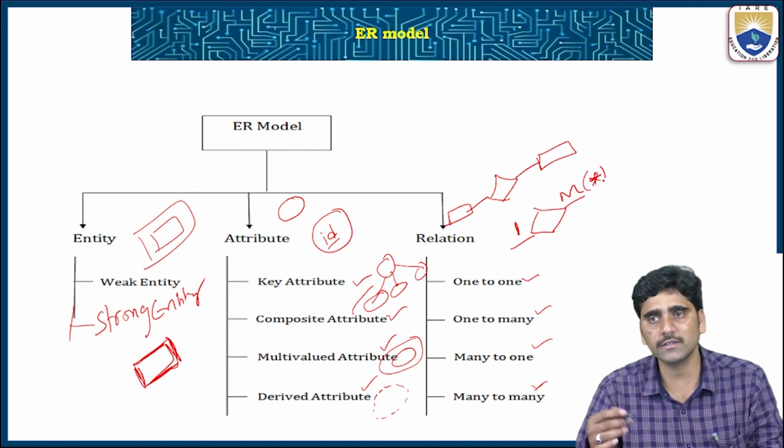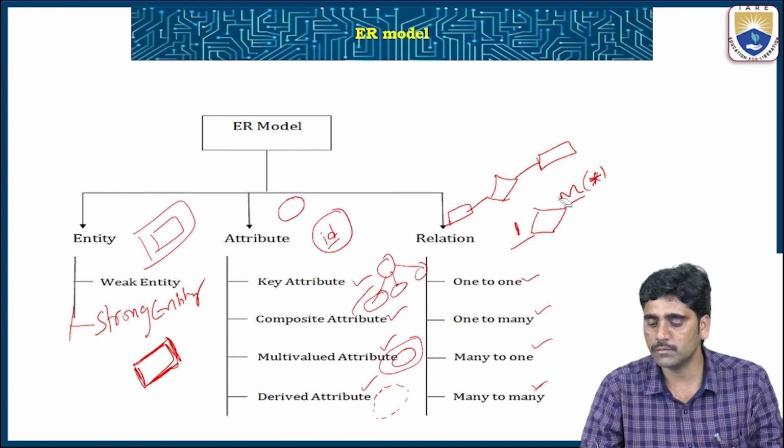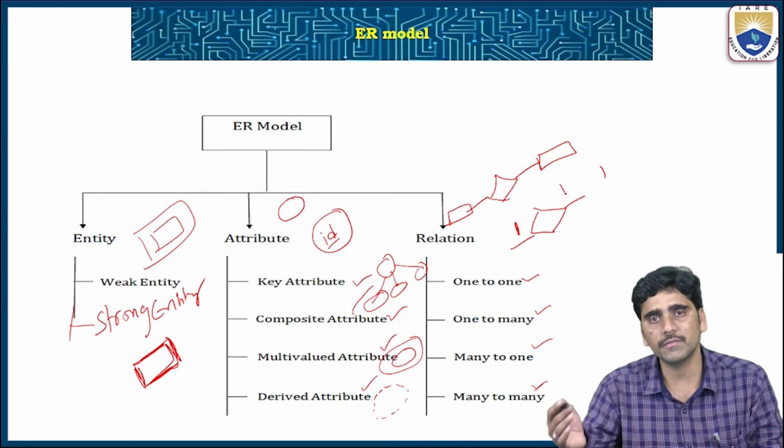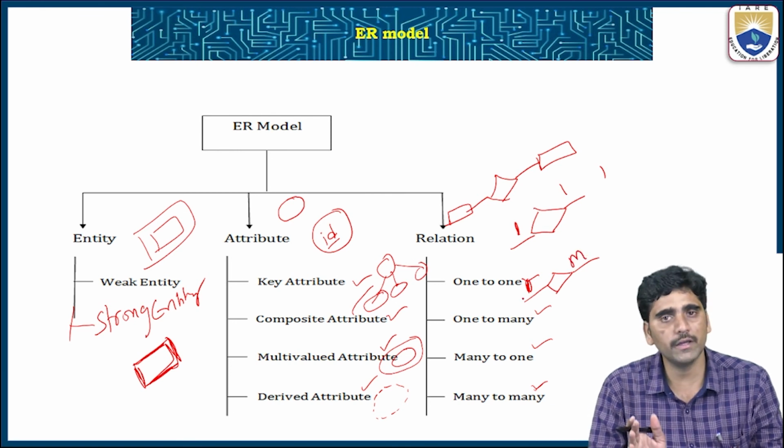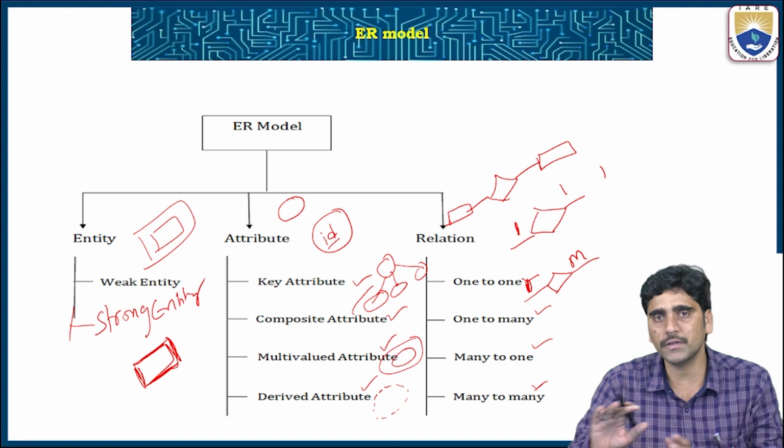One to one is only one instance from the left side and one instance from the right side. Similarly, one to many is one instance from the left side and many instances from the right side.